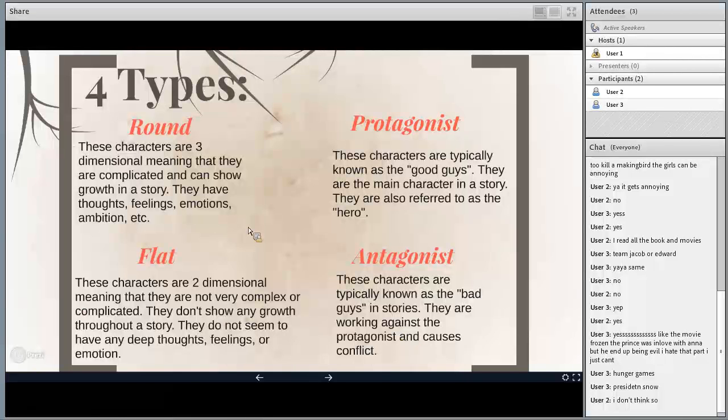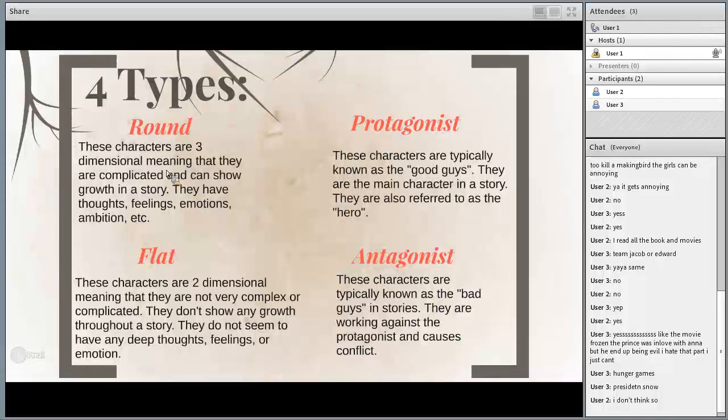The other two that we're going to look at are round and flat characters. These are kind of self-explanatory when you read the names. Round characters are 3D, three-dimensional, which means they're not simple, they're complex, they're complicated. They have a lot of thoughts and emotions, feelings, maybe ambitions and goals.